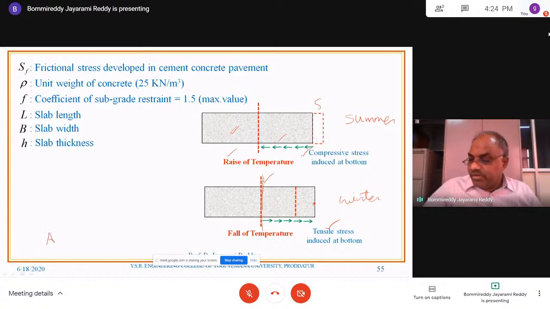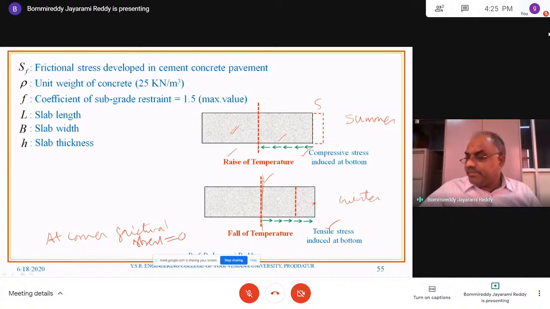So that means at the corner of the slab, the frictional stress is always equal to 0. But at the edge, some frictional stresses will be there. Because if you consider in this direction, the stress may not be there. But perpendicular to the direction, there will be some stresses. So frictional stresses are available along the edges and also at the center of it. So at the center, the stresses are maximum.